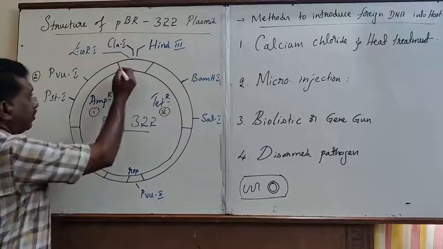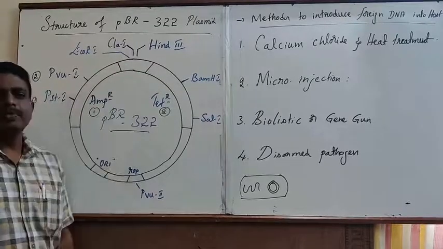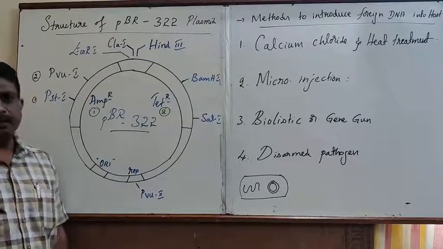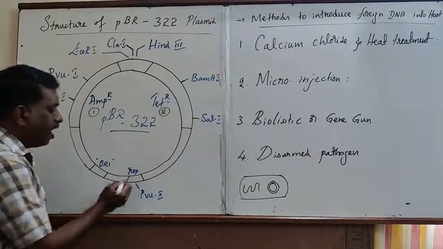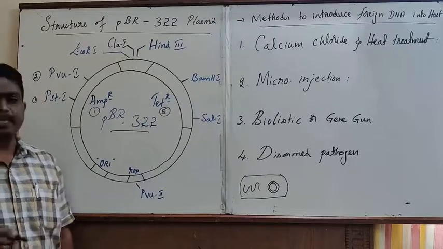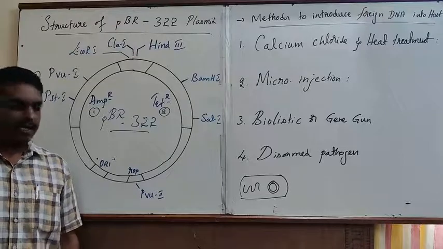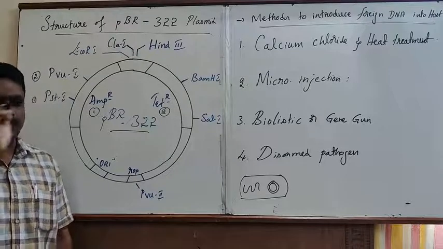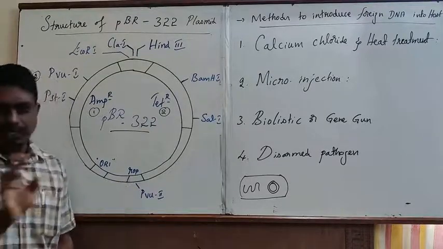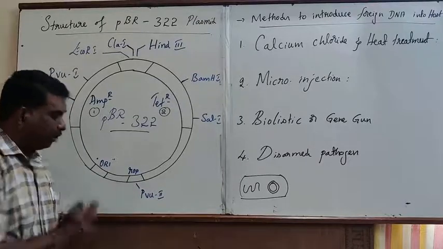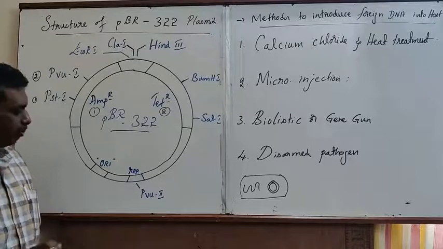Opposite to the recognition site, you can find the presence of the ROP region. It is the region where it will code for the protein involved in the replication of the plasmid.